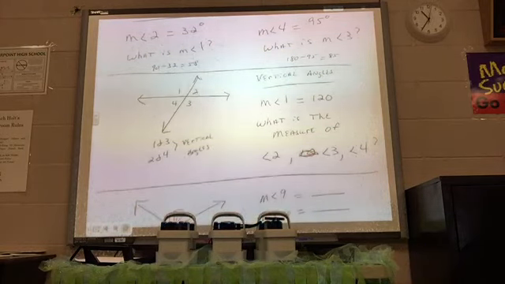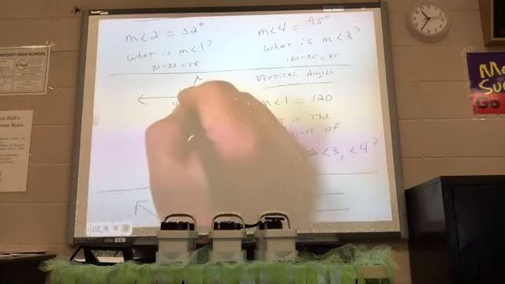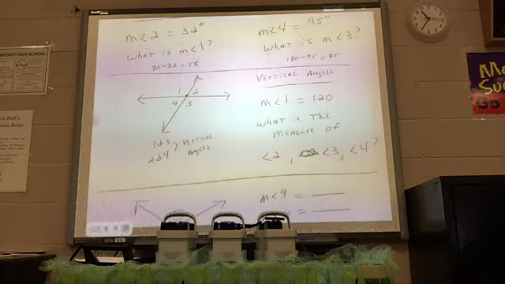They're formed by the intersection of two lines. They share a point, a common point, which is the intersection right here. They do not share a common side.